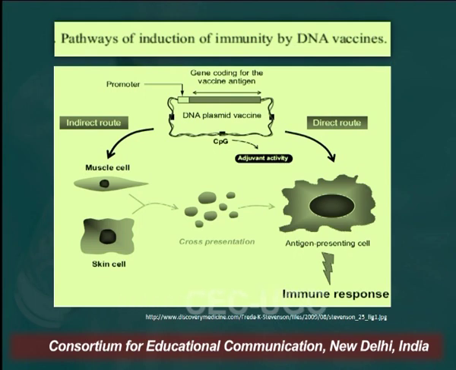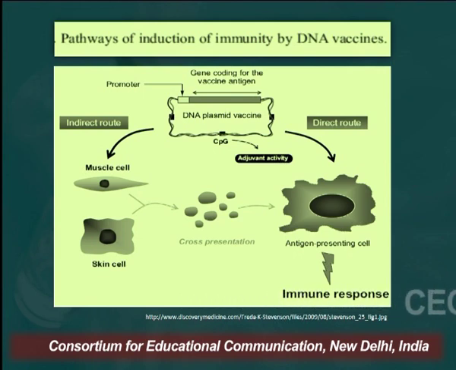As soon as these plasmid vector vaccines are injected into the muscle cells, they use them as the expression system and they get transcribed and translated.